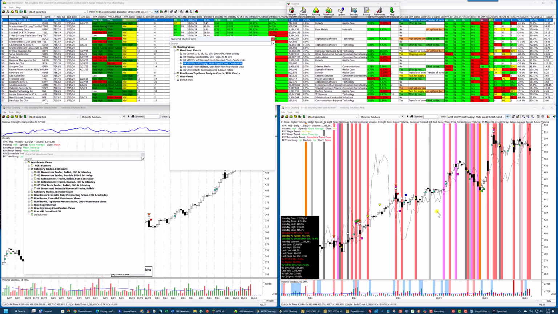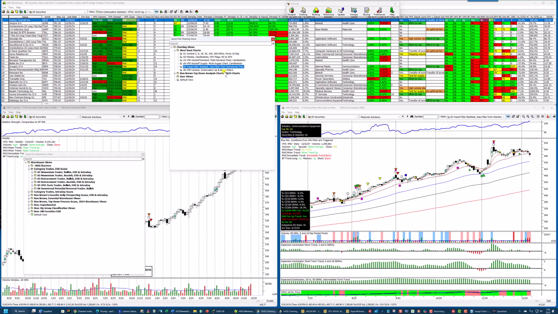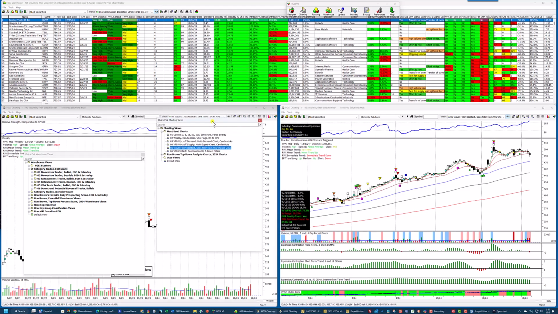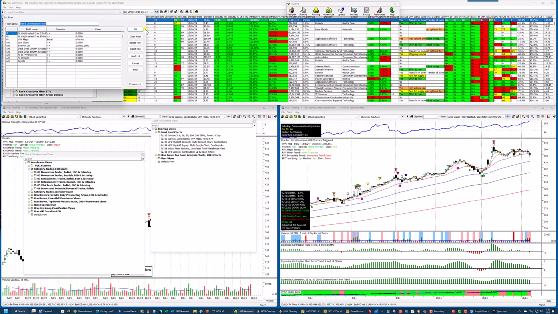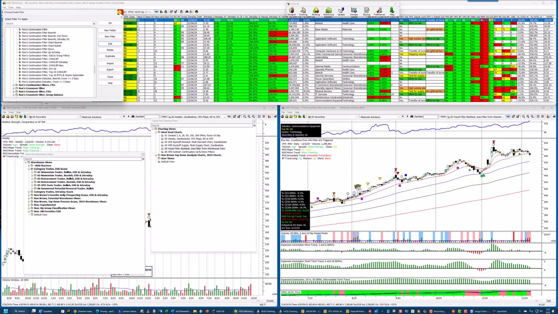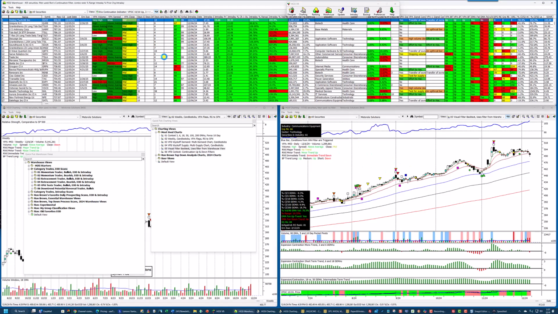If you're looking for stocks that are going down, it'll show you the Wyckoff views. This here is a visual filter back test, which takes the filter that's attached to the warehouse, and it applies all of these conditions to the chart. And when these conditions are met, then the lines will appear on the chart.